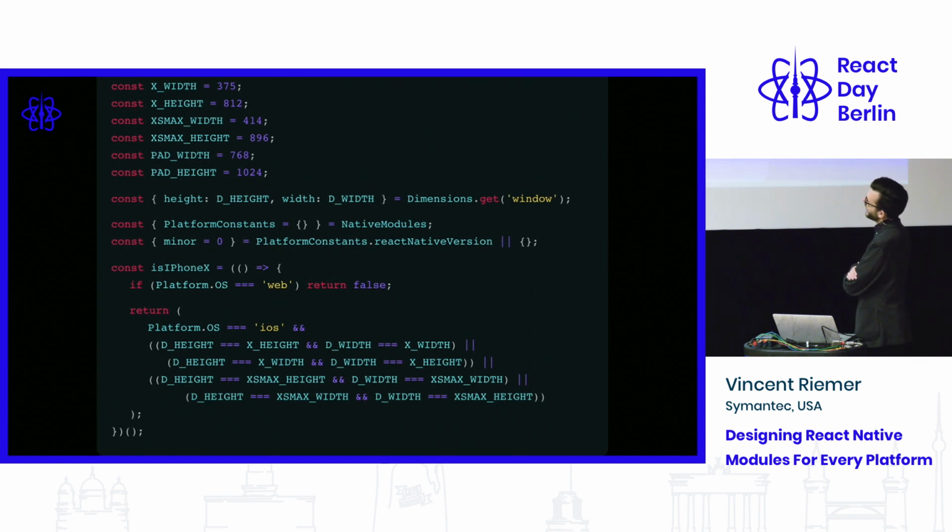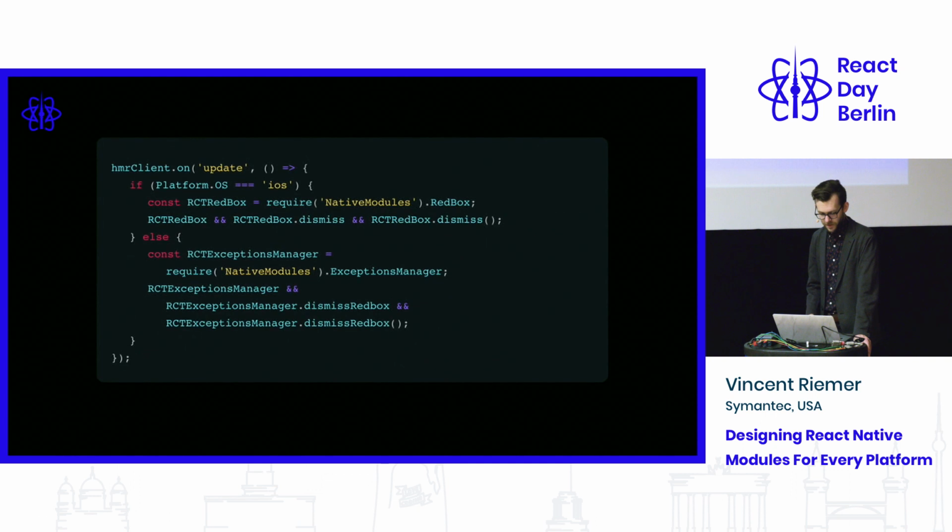Again, fair play to the people who built this. They were trying to build something that didn't require any sort of native linking, and this was the only way they could do it. But I still think you should find a way to communicate the actual insets to JavaScript. You don't need to compare stuff like the dimensions of the screen.